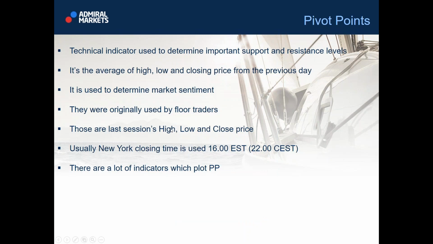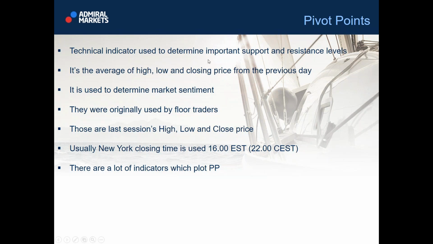As you remember from the previous lesson, pivot points are technical indicators that are used to determine important support and resistance levels. Usually it's the average of the high, low, and closing price from the previous day. Usually it's used to determine market sentiment.